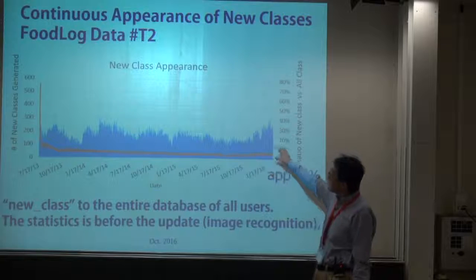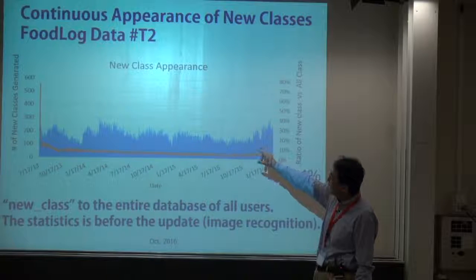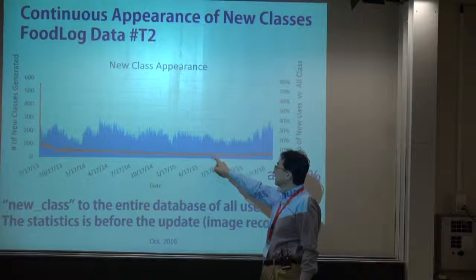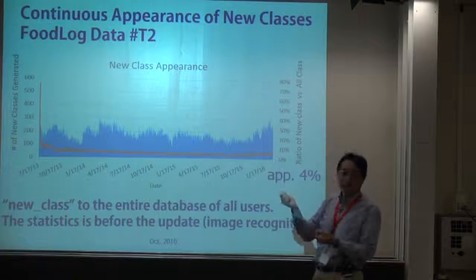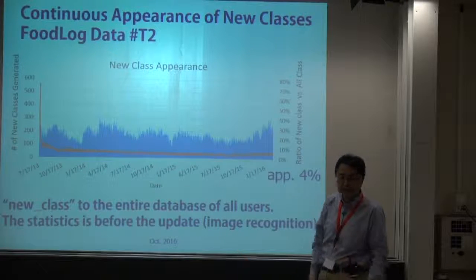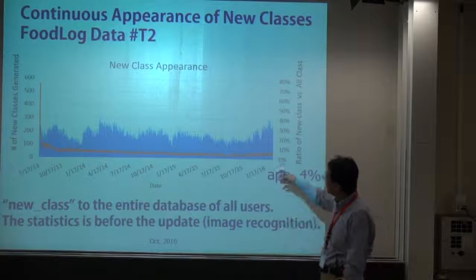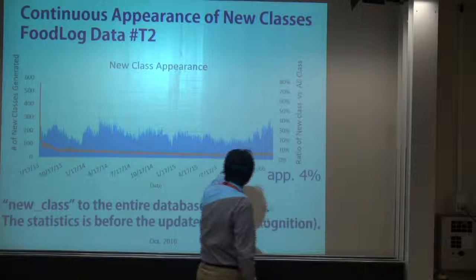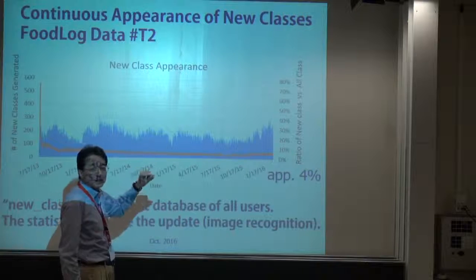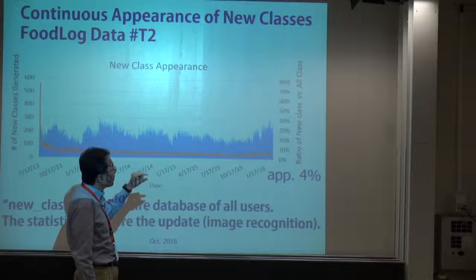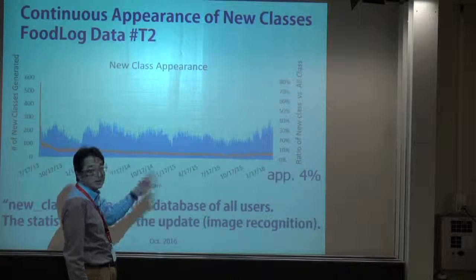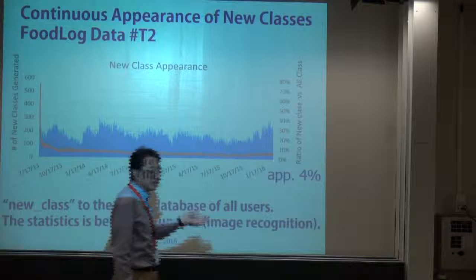You can see the number of new classes generated is shown in blue, and red is the ratio compared to the entire data. Very interestingly, this red line is very stable, and approximately 4% of the classes are generated continuously.